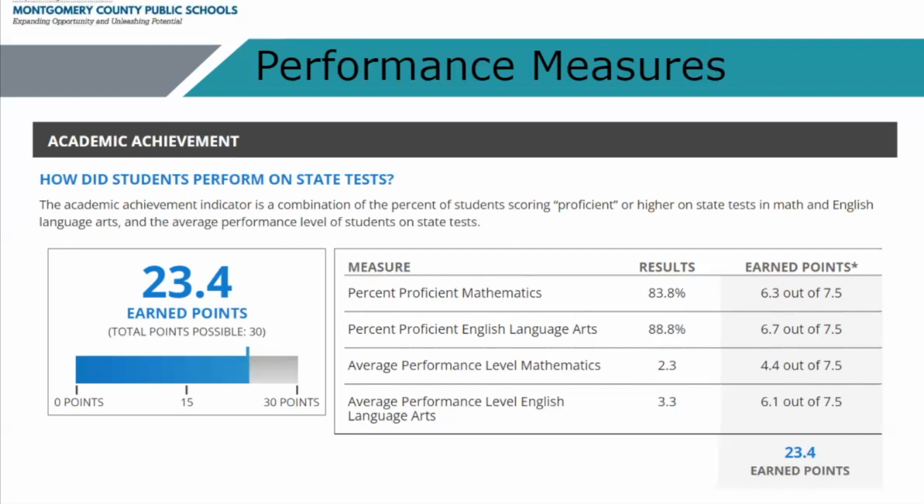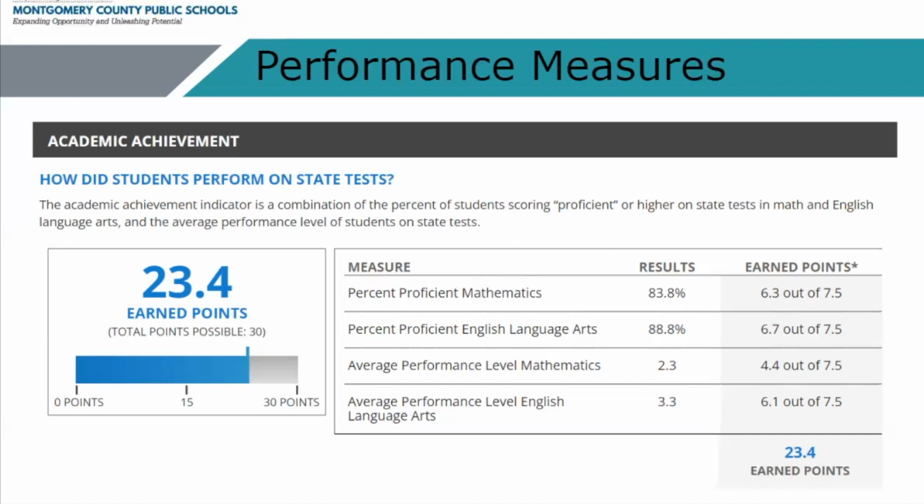Also in here is average performance level in mathematics. So like the average overall performance measure in math. And you will see the points here shift, right? Where proficiency was measured by MCAP performance, for example, now we're taking a look at average performance overall. We have 4.44 out of 7.5 points here.